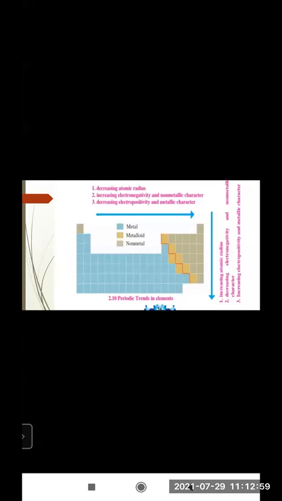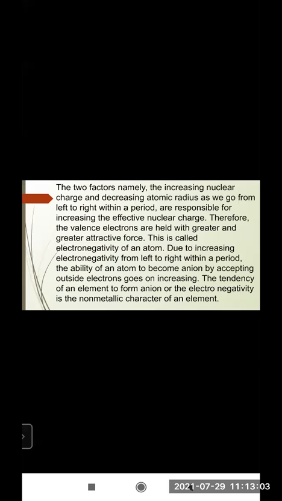Now see the third paragraph. The two factors, namely the increasing nuclear charge and decreasing atomic radius as we go from left to right within a period, are responsible for increasing the effective nuclear charge.